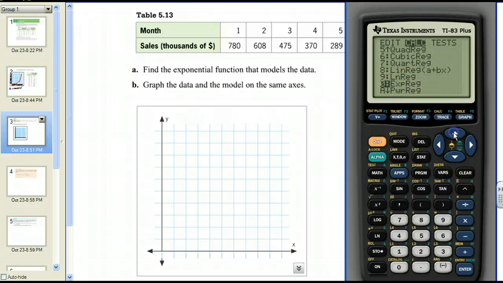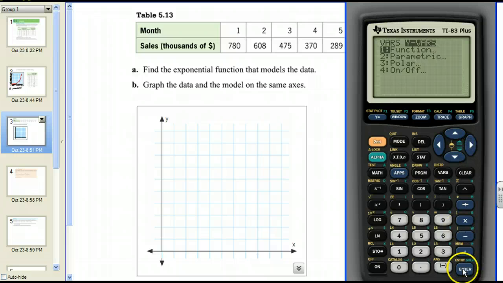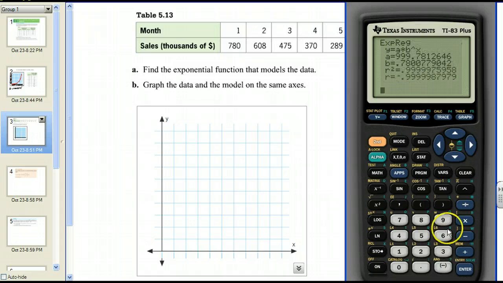Option 0 on a TI-83, but I think it's different on an 84. So vars, scroll right to yvars, function, enter, right, and then y1. Press enter. All right, and then again zoom 9 for stat.